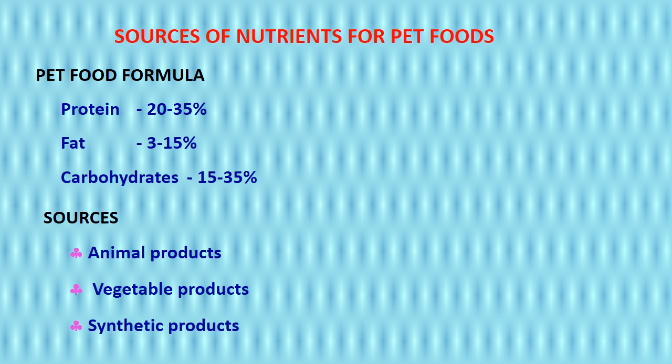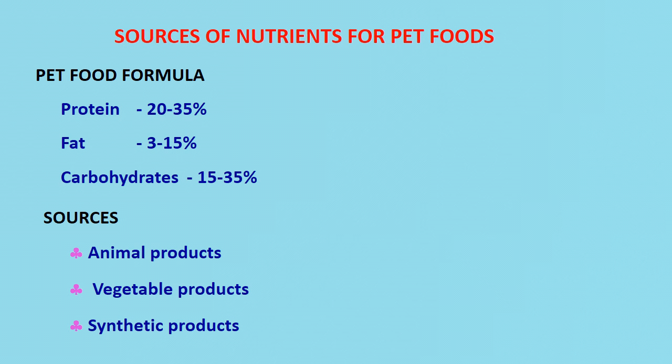So here, for pet food formulation, the protein requirement is about 20 to 35% in the food, the fat requirement 3 to 15%, and carbohydrate 15 to 35%. The sources of all these nutrients are major animal byproducts or other second quality meat products, then vegetable products or cereals and grains, and other synthetic products.